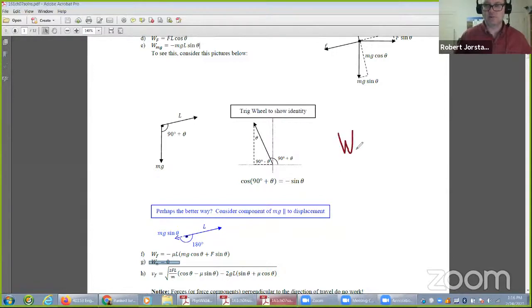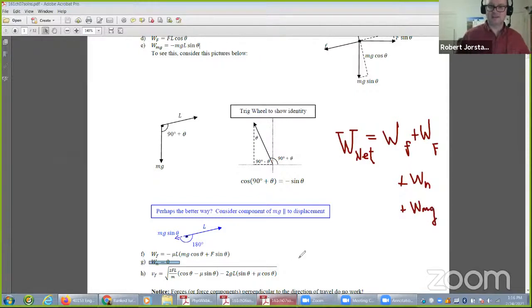So in equation form, work net in this particular problem happens to be work done by friction plus work done by F, plus work done by the normal force plus work done by mg. You add those all up, and that gives you the net work.